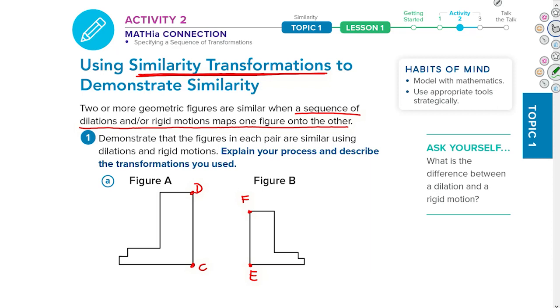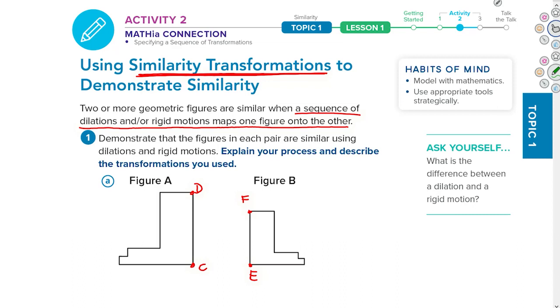If you're doing a translation, along what vector? If you're going to reflect, over what line? If you're going to rotate, what's the center of rotation and what's the angle of rotation? And if you're going to dilate, I want to know the center of the dilation and an indication of how much bigger or smaller you're going to be. I will have that precision as I do this.